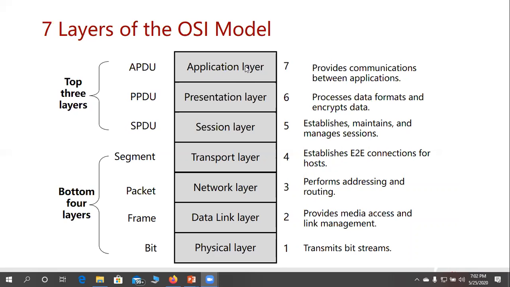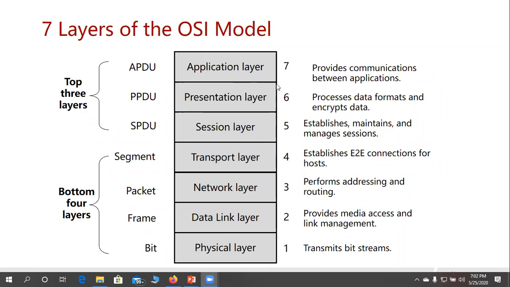Each layer has a function. The function of layer 7 is to provide communications between applications. The application layer is also called layer 7. The presentation layer is called layer 6, and so on.